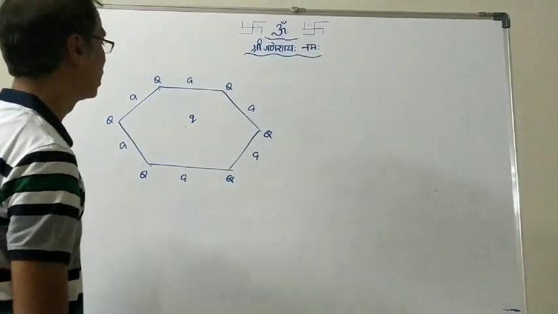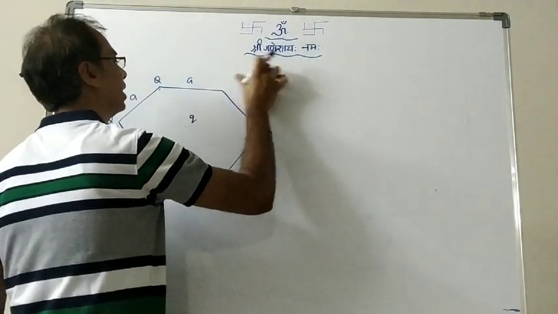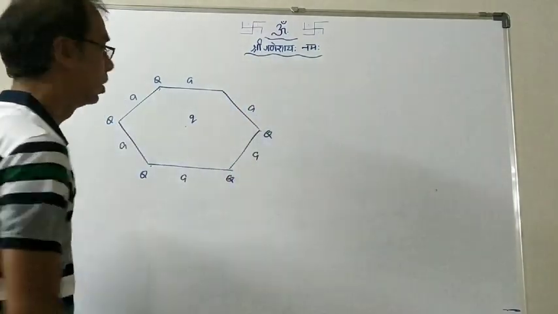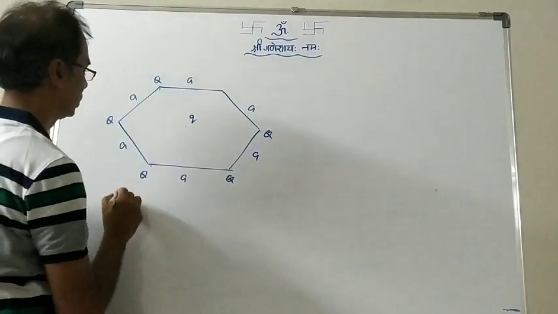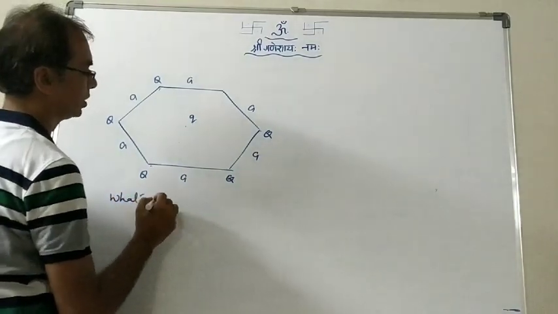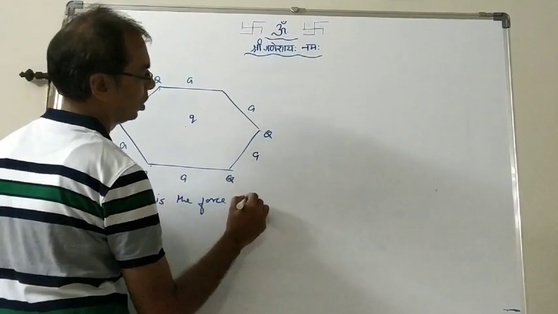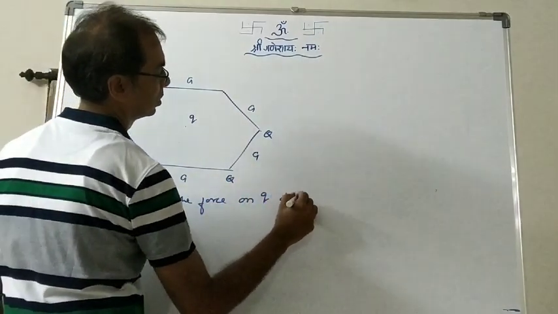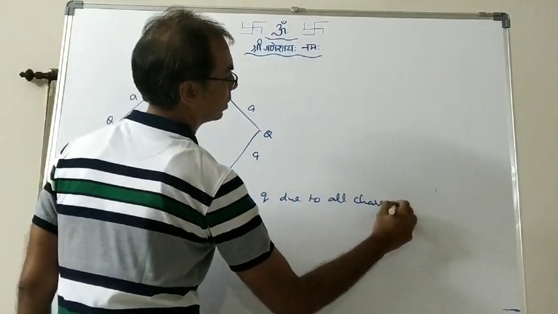But suppose now I am going to change. I am going to remove this charge Q from here and I ask you what is the force on the charge at the center? What is the force on Q due to all charges?